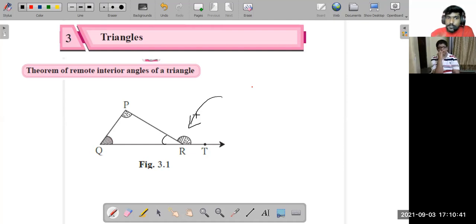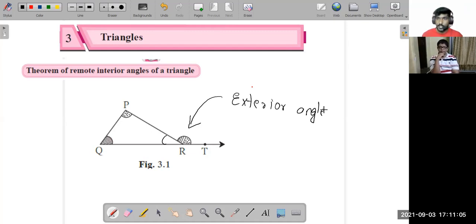Angle PRT is formed outside of the triangle. It is very much part of the triangle, only that it is outside. So this angle will be called the exterior angle. Are these differences clear, interior and exterior angle?